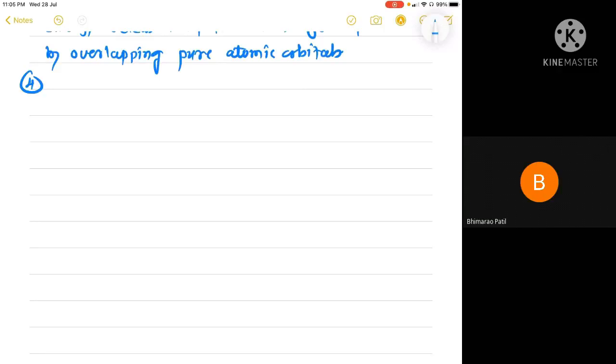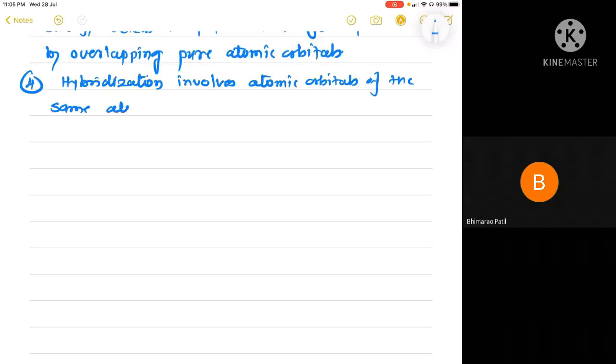And fourth one, which is very important, hybridization involves atomic orbitals of the same atom.